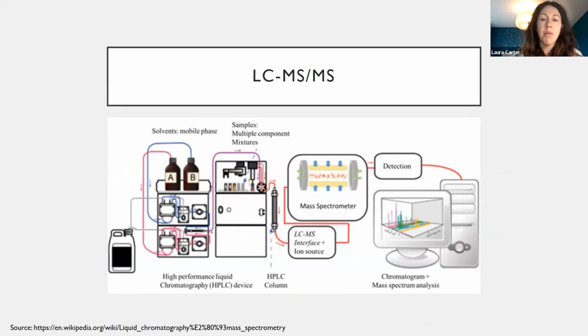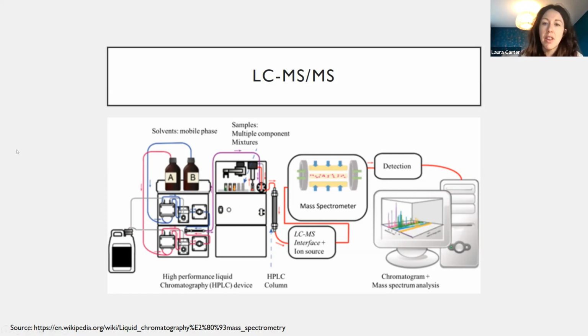To start with, your sample is injected into the HPLC with flowing mobile phase. If you were to use direct injection, then typically you would be injecting around 100 microliters of the sample, but if you're using more traditional methods, then it's typically around 10 microliters.